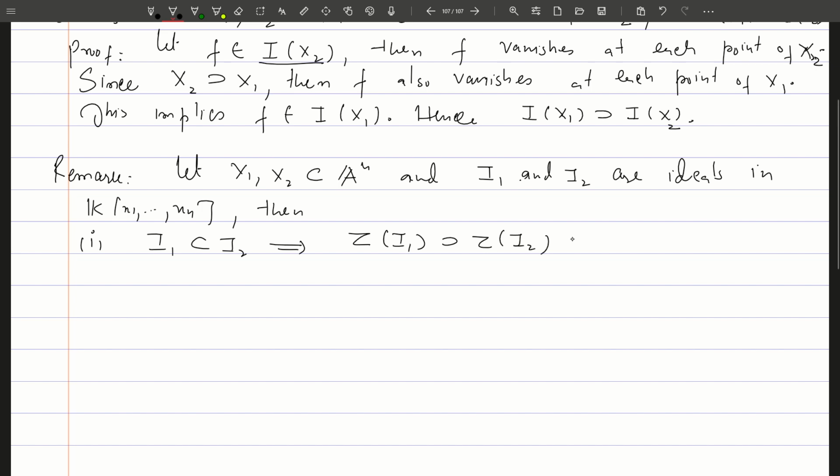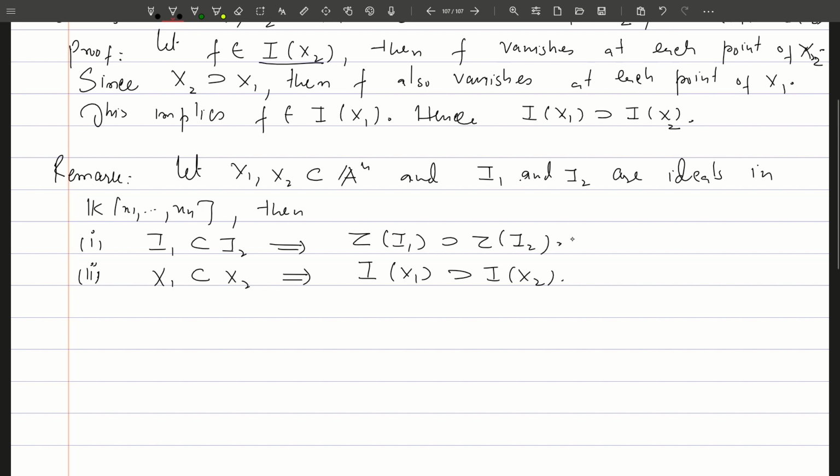This is what we proved earlier, that the zero function is decreasing. And if X1 is contained in X2, this would imply the ideal of X1 contains the ideal of X2. So this gives the inclusion reversing maps between the algebraic sets in A^n and the ideals in the polynomial ring in n variables.